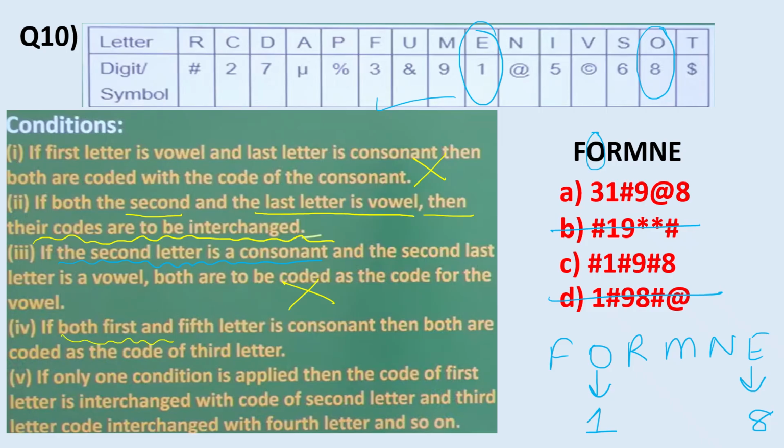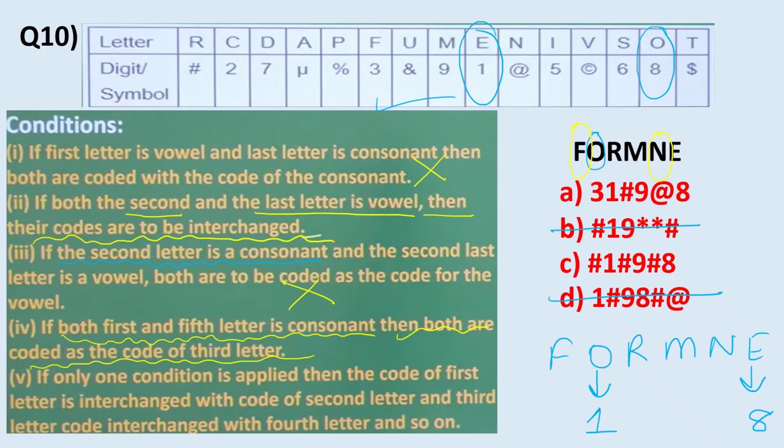If both the first and the fifth letter are consonants, the first letter is F, the fifth letter is N, both consonants. Yes, both are consonants. Then both are coded as the code of the third letter. Then F and N will be coded as the code of the third letter.